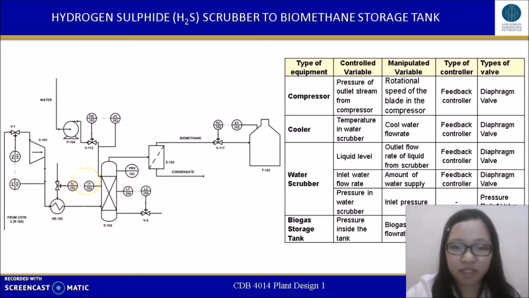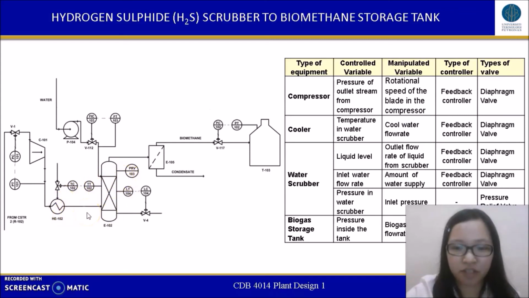The first one is the liquid level, and the manipulator would be the outlet flow rate of the liquid from the scrubber. The second is the inner water flow rate, the manipulator is the amount of water supplied here. And the last one is the pressure in the water scrubber, and the manipulator would be the inlet pressure.